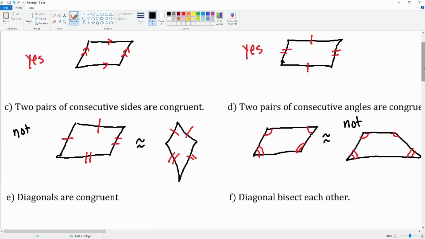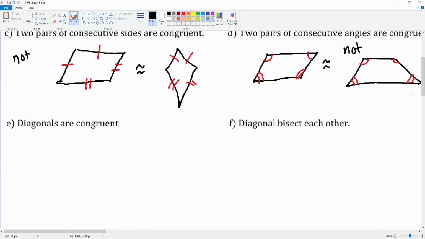Next, the diagonals are congruent. Okay, what we know about diagonals being congruent is, is that enough though? So let's say the diagonals are congruent. So here we go. A lot of you might think, hey, look, this is going to be congruent to this because it is a rectangle, right?